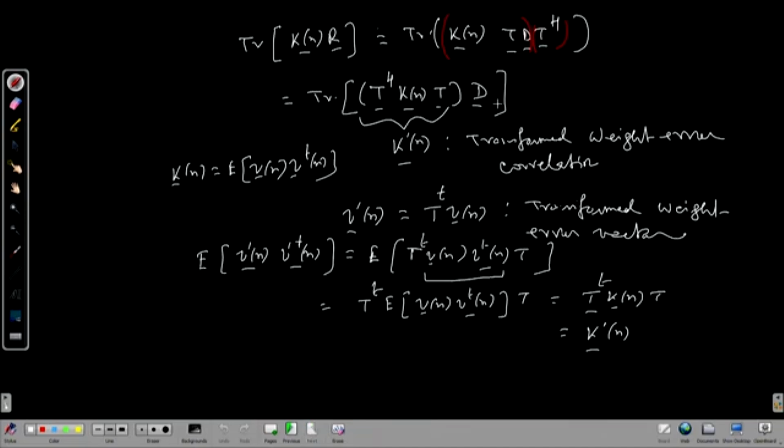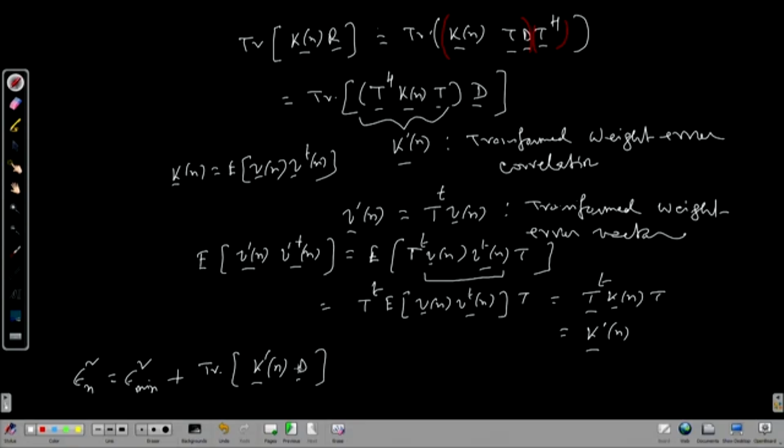Okay. So, trace K prime n D, and I explained what K prime n is, I defined. So, then combine everything, total epsilon square n is epsilon square mean plus this extra term, this trace of one autocorrelation matrix times a diagonal matrix.